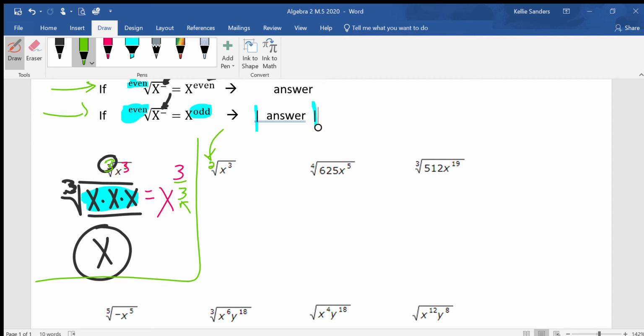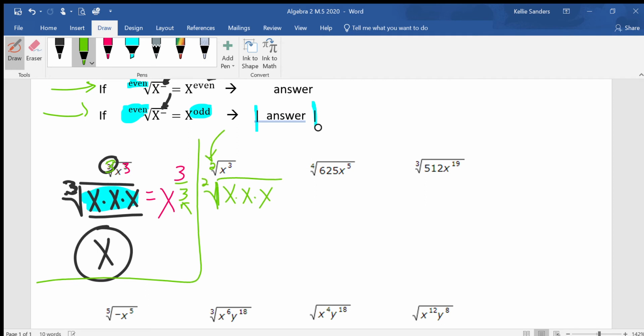So we're not going to worry about it until the very end, until I think that I'm close to having my answer. So I have the square root of x to the third. Well, x to the third means x times x times x. Since my root is 2, I'm looking for 2 of a kind. Do I have 2 of a kind inside the square root? Yes, I do. I have 1 pair of x's inside the square root.